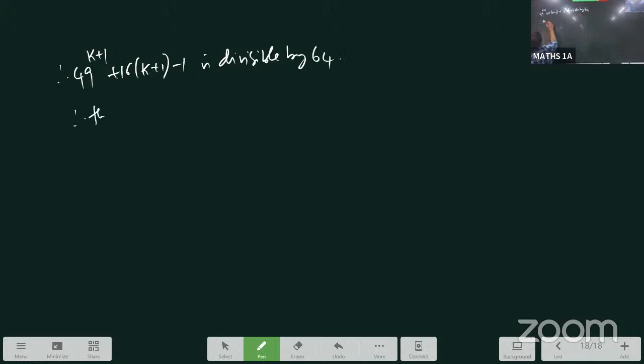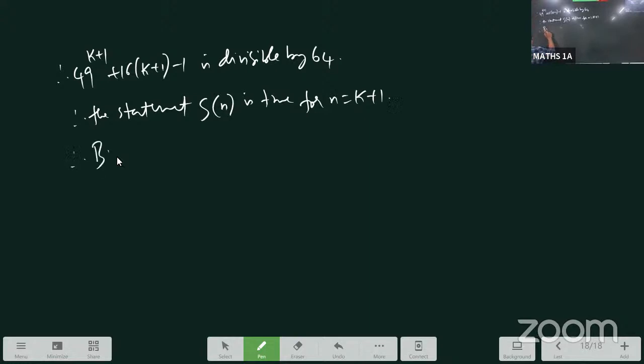Therefore, the statement S of n is true for n equal to k plus 1.